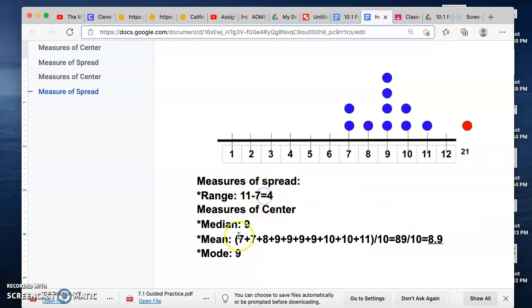Now my range goes with this outlier. My range goes from size 7 to size 21. So that's 21 minus 7 is equal to 14. That added a whole 10 sizes to my range, even though there's only one person outside of an 11 in this data set. But still.